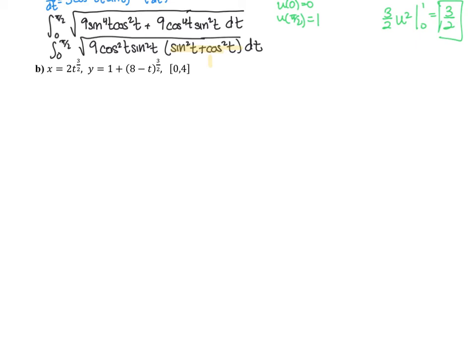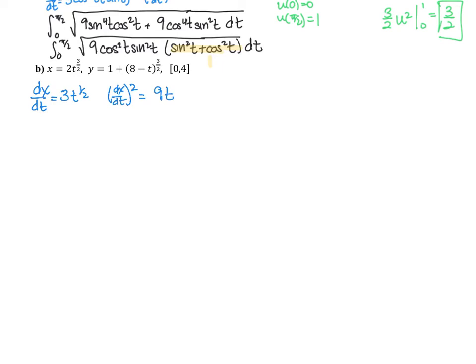So the first thing that we are going to do is take the derivative of each with respect to t. So dx/dt would be 3t to the 1/2. And then if I square that, I'm going to get 9t.